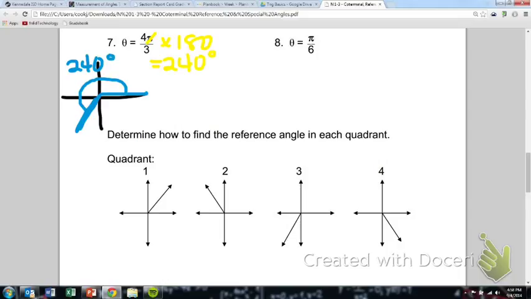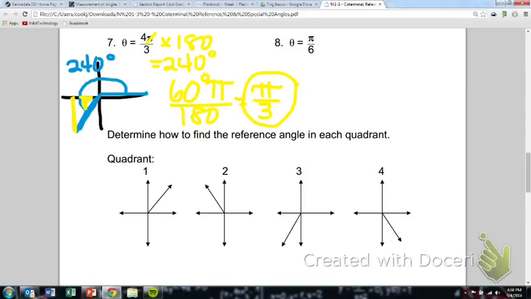So your reference angle is going to be this angle in here. How far past 180 you went? So 60 degrees would be the reference angle. But I want to put it back in radians since the problem was in radians. So remember, you give yourself a pi and divide by 180. So the reference angle would be pi over 3.